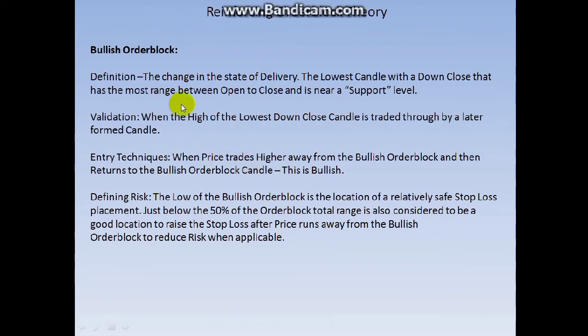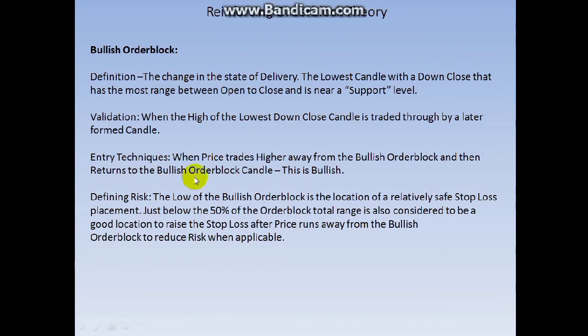If this was a bearish order block, we'd be looking at the highest candle with an up close, a bullish candle instead, not a down close.